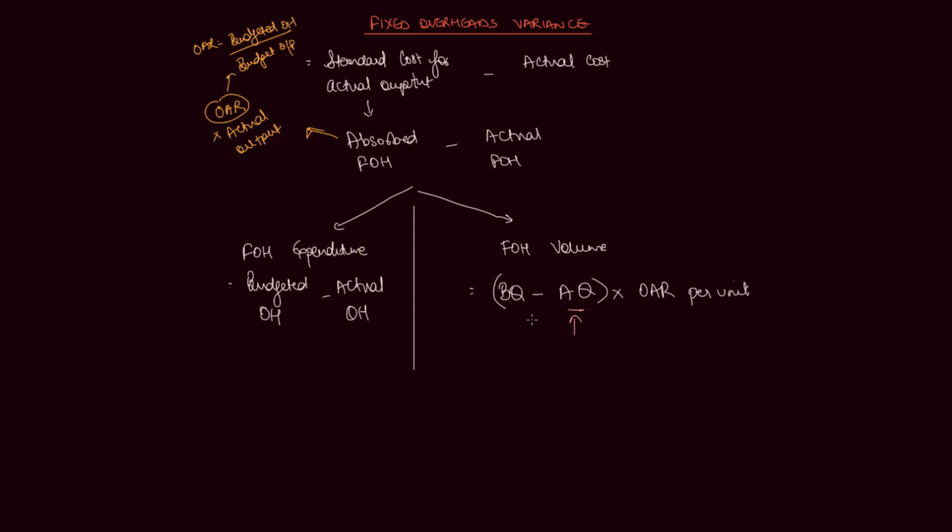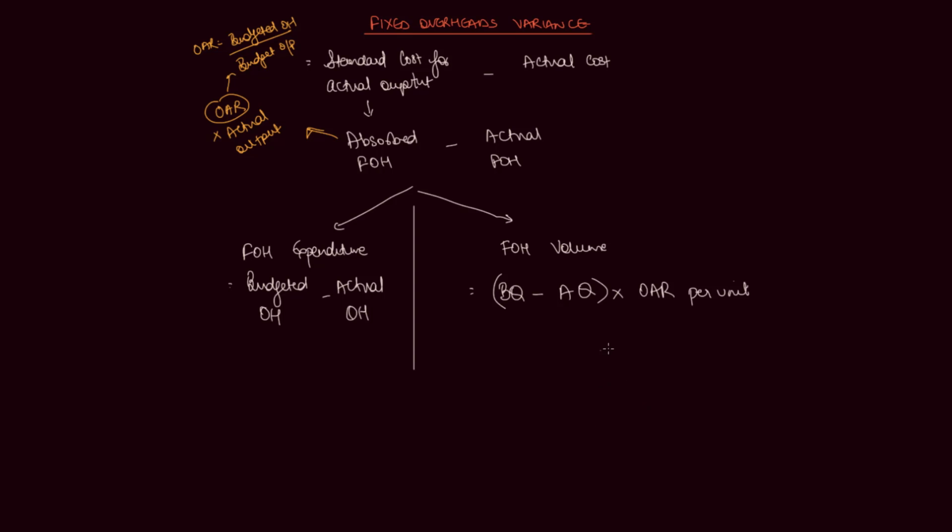But if the actual quantity turned out to be less than the budgeted quantity, it means the firm did not meet its target production and less overheads were absorbed from customers. More overheads were spent compared to what was absorbed, and in that case, the overhead variance will be an adverse variance.